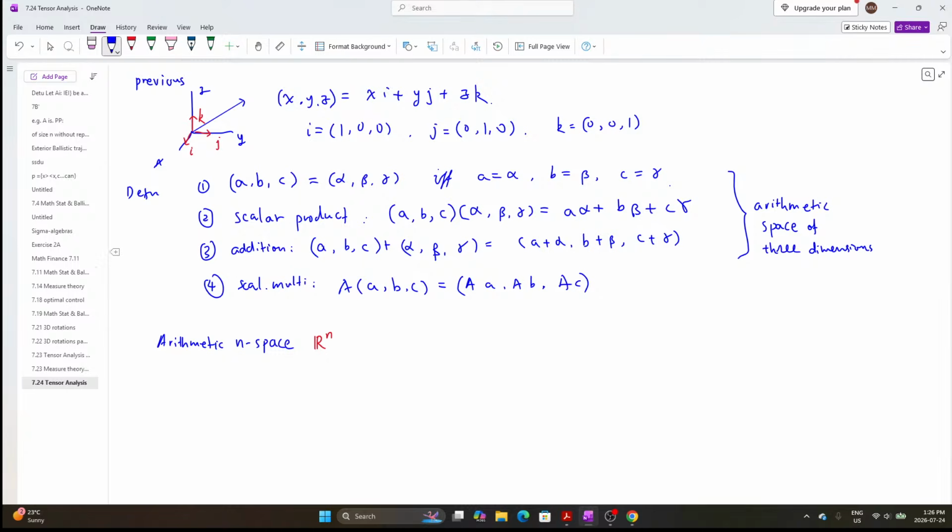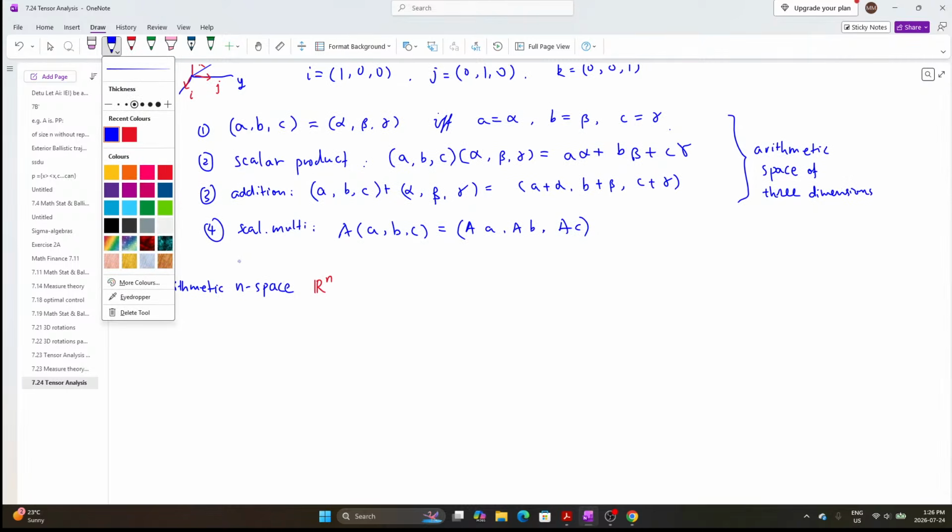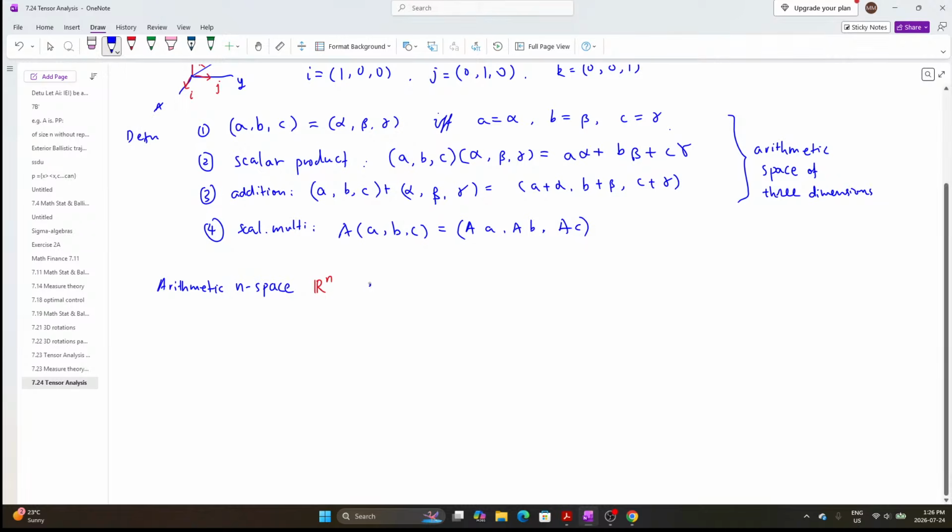So here, arithmetic n space is just Rn. Elements of this space are just n-tuples, familiar from linear algebra, x1, x2, all the way to xn, and these are all real numbers.